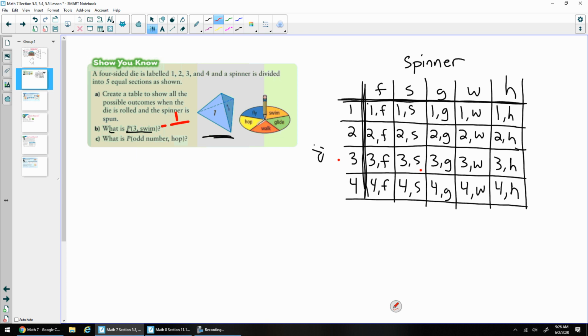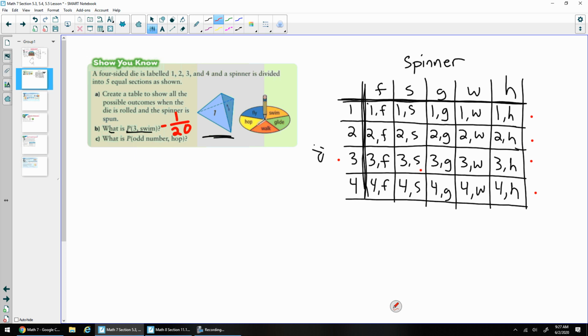You can count them, but there are 5 spinner options and 4 die options, so we're counting by 5s: 5, 10, 15, 20 different possible outcomes. So it's 1 out of 20 is the probability of getting a 3 and swim.